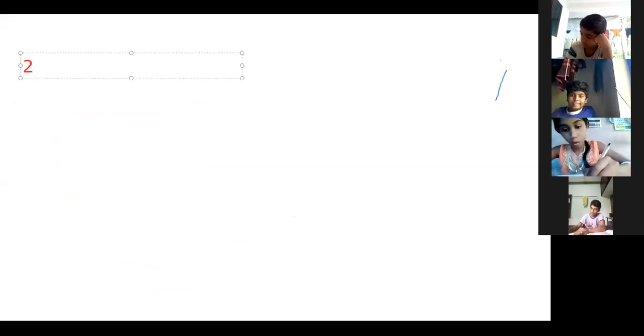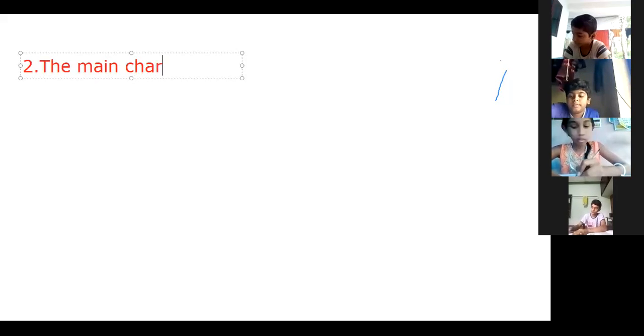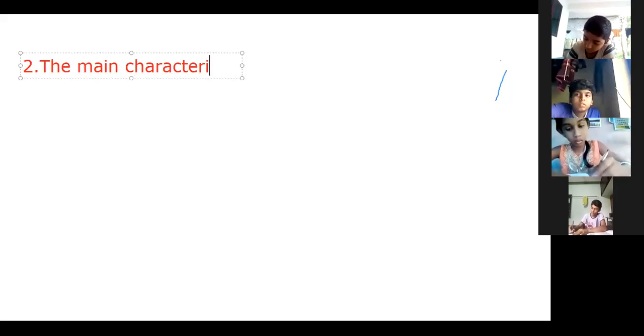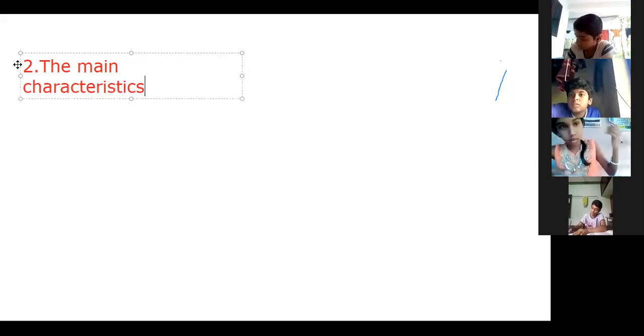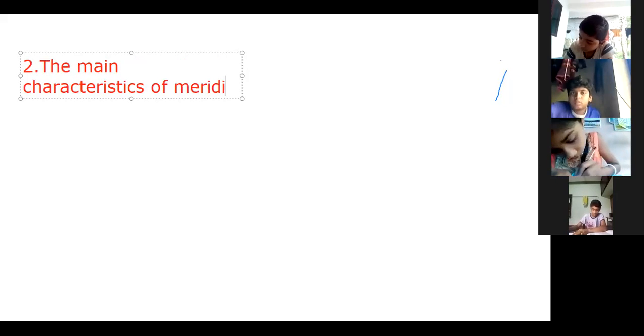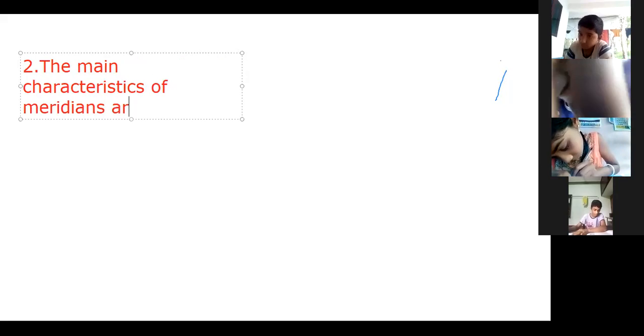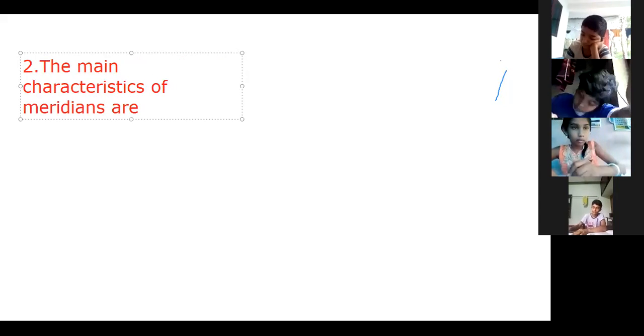The main characteristics of meridians are as follows.